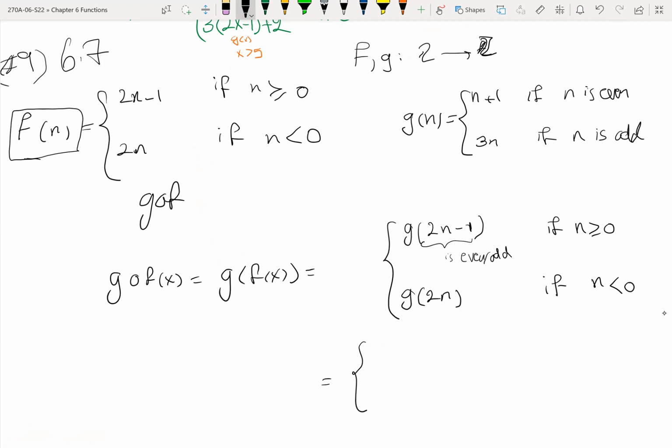If it's even, you have to choose the top one. Is 2n minus 1 odd or even? It's always odd, right? So 2n minus 1 is odd, so you have to plug in g of 2n minus 1 for the bottom one.